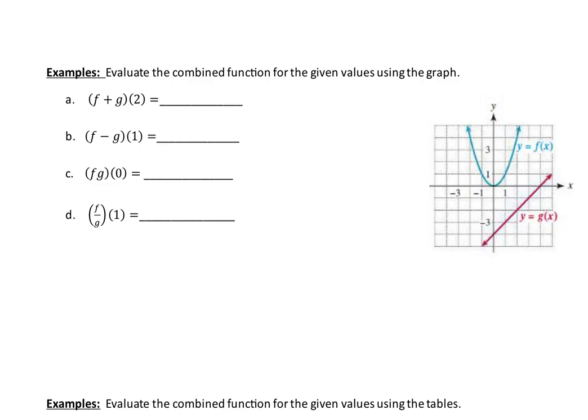So for instance, when we look at example A here, we have f plus g of 2. All right, we can go ahead and separate that. What this is equal to is we want to figure out what is f of 2, and we want to add on g of 2.